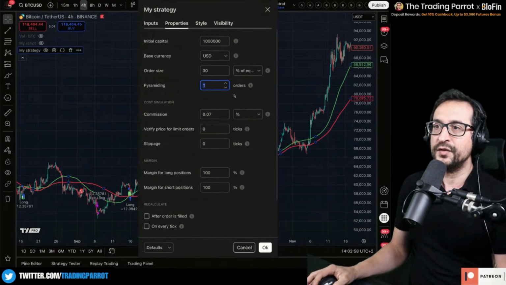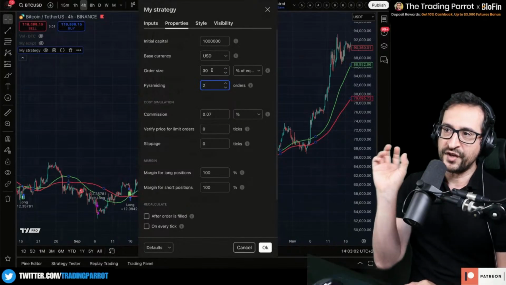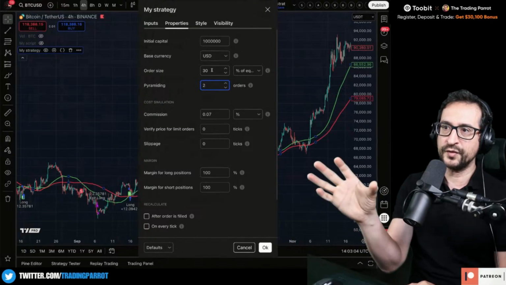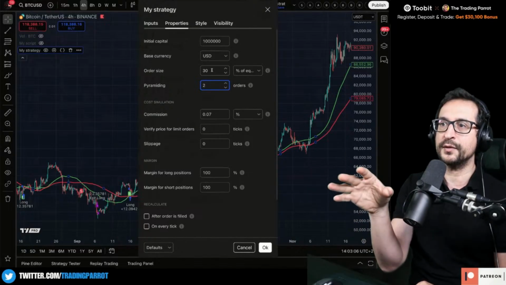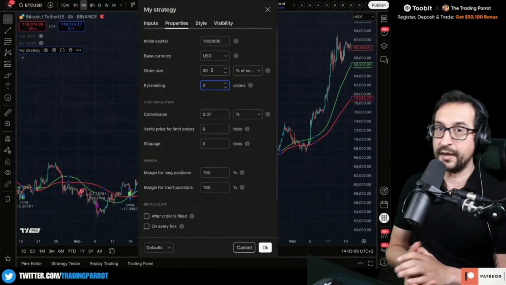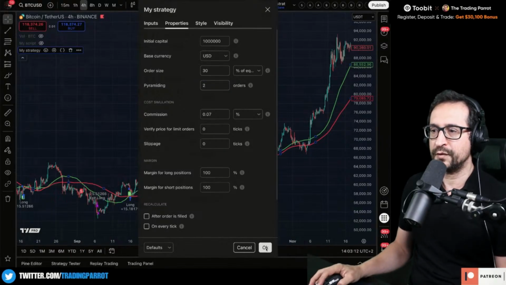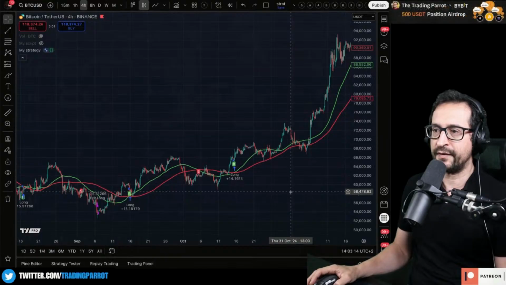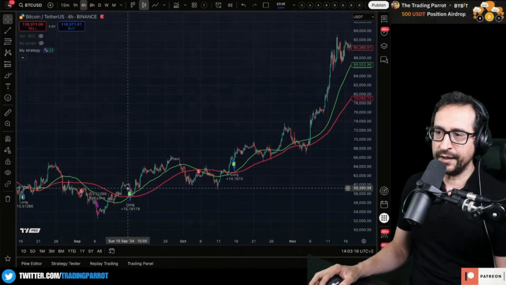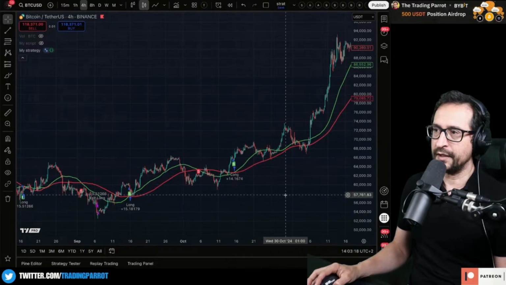So if I put this to 2, that means I'm going to use 30% of the equity in one position, and I'm going to allow the second one to kick in with the other 30%. And we still have 40 left. So let's see how that changes everything. Now I'm long in here, and I'm also long in here.